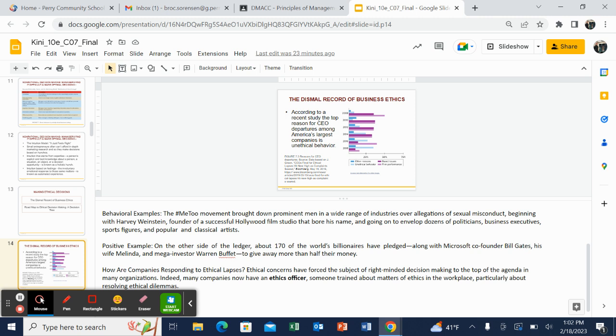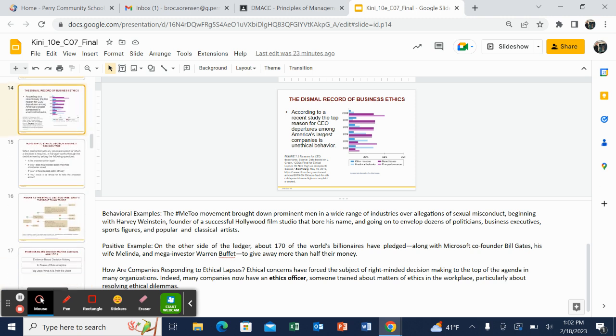Behavioral examples, so you think about the Me Too movement, that's brought down a lot of prominent CEOs. But ultimately too, there are positives in terms of ethics. So a lot of philanthropy done by a lot of billionaires also is used to gain goodwill from the people.